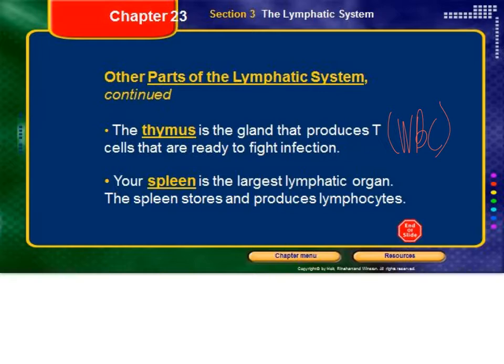So those can get removed as well. You're definitely okay not to have them, but your tonsils are your first line of defense, because a lot of that bacteria comes in through your mouth. You might breathe it in, or it might be something you eat.